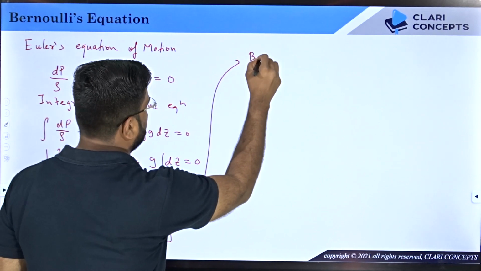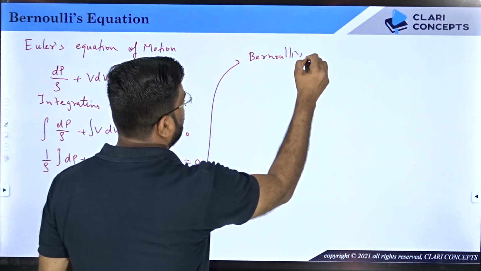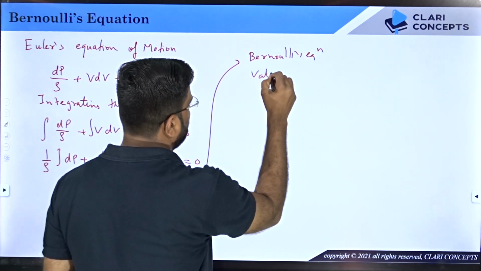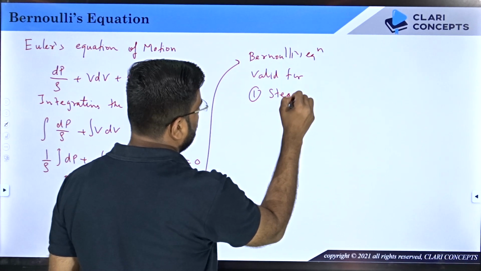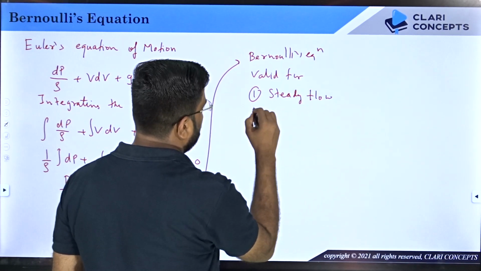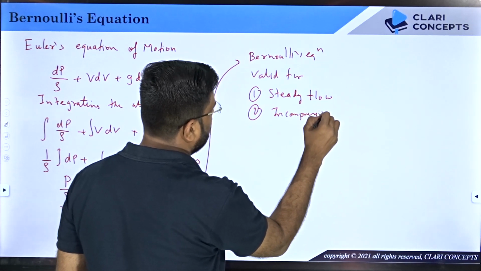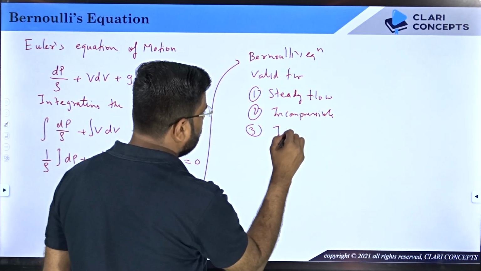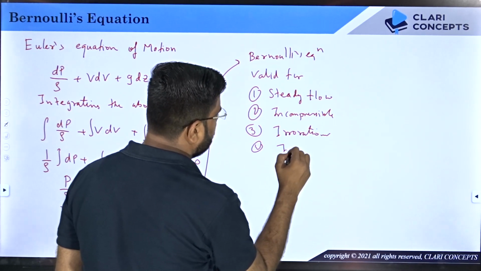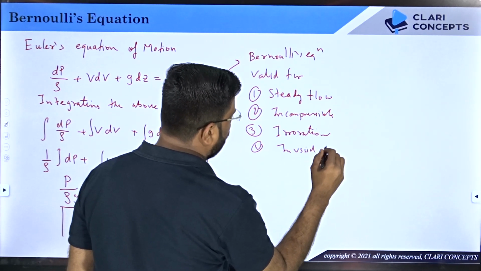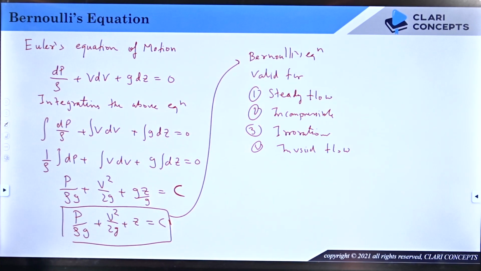Let me tell you, Bernoulli's equation is valid for first steady, then incompressible, irrotational, and fourth is inviscid. So all these four assumptions have been taken into account. So this equation can be valid for this kind of flow.